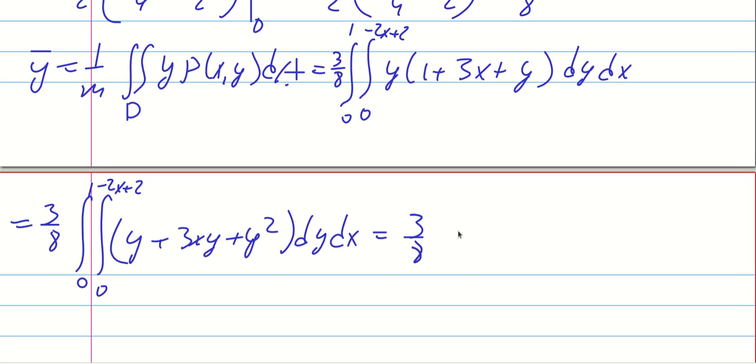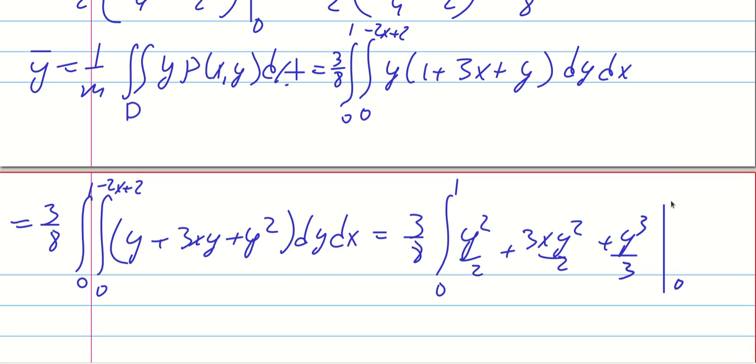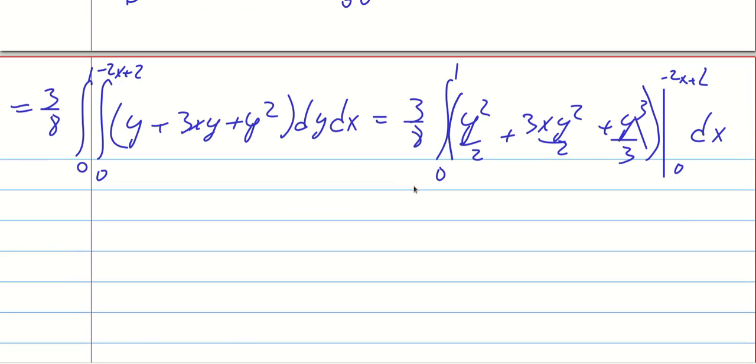So 3 over 8, then we do the antiderivative. We have y²/2 + 3x y²/2 + y³/3 evaluated from 0 to -2x + 2, dx, and this one is in parentheses. So we get integral from 0 to 1. If we plug in 0, everything will zero out, so no need to plug in 0.